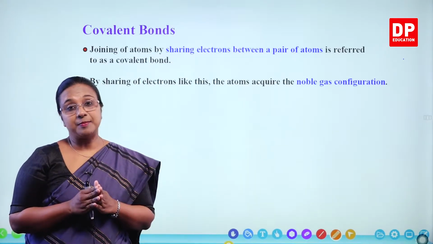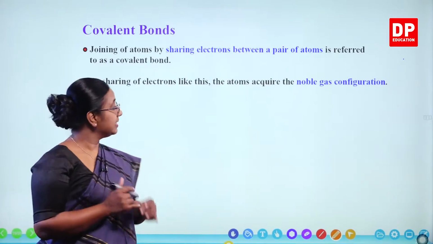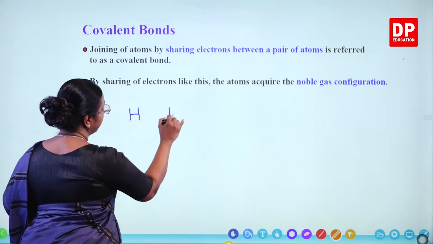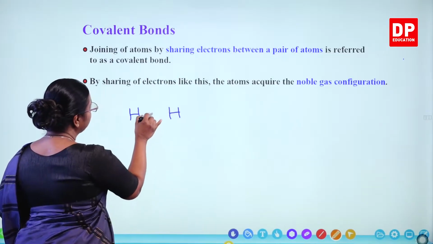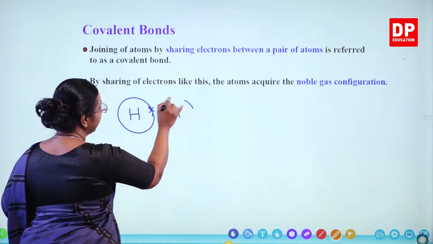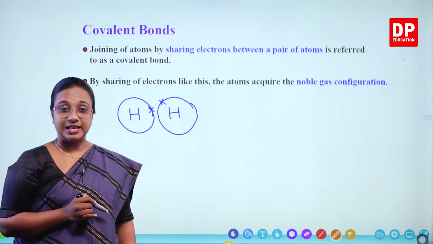For example, let's take a bond where there are two hydrogen atoms involved. You can remember the hydrogen atom has one electron in its valence shell. This hydrogen also has one electron in the valence shell.